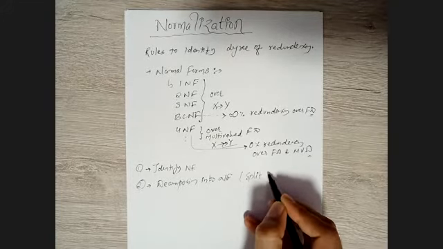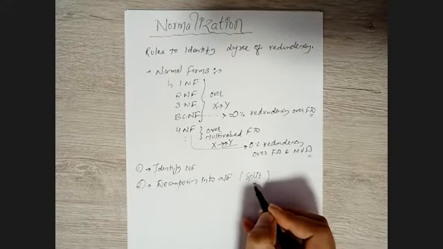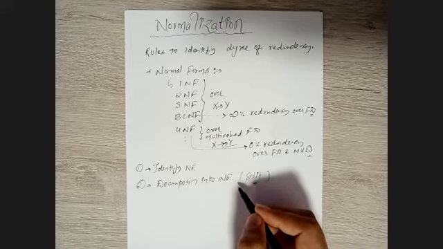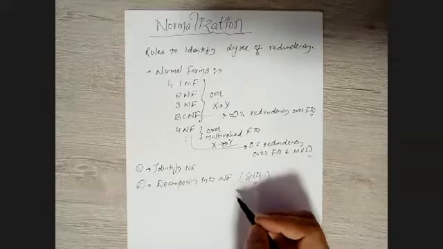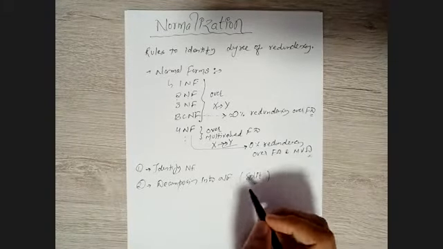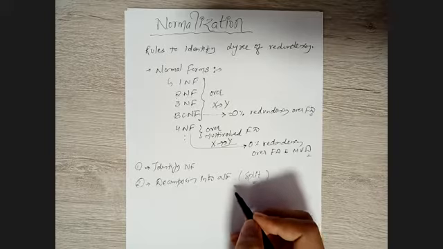One is normalization, another is denormalization. In denormalization, we generally combine the relational tables. We will go through that at the very end. But decomposition into normal forms is important.